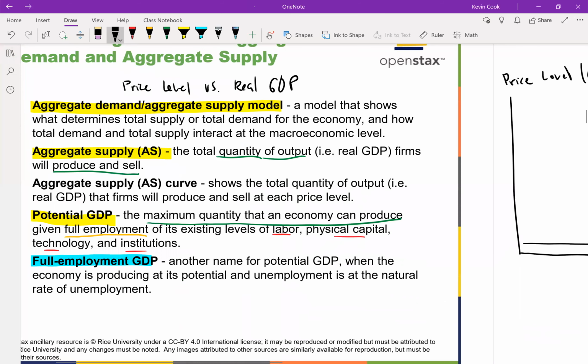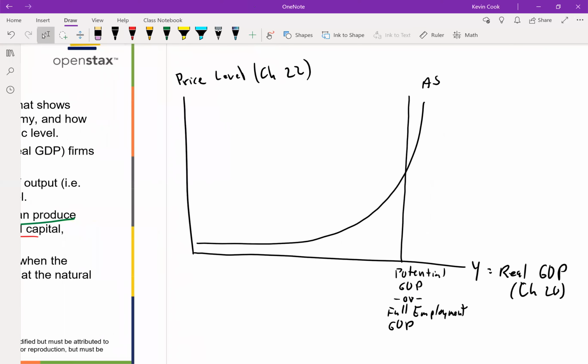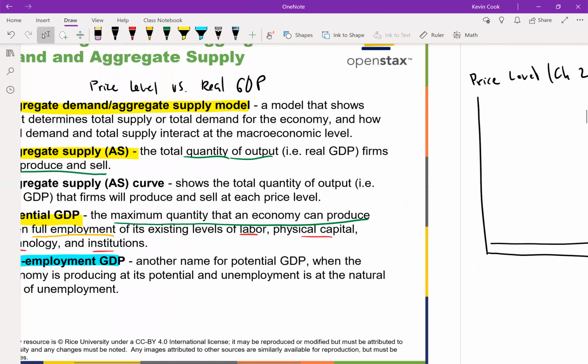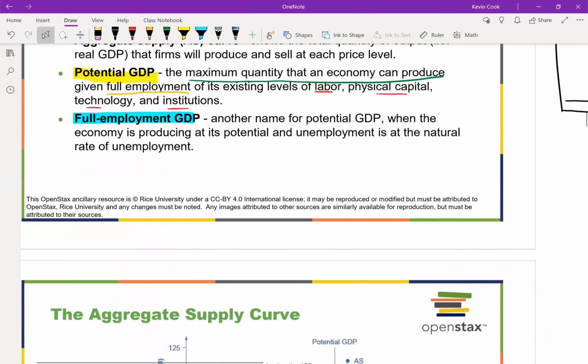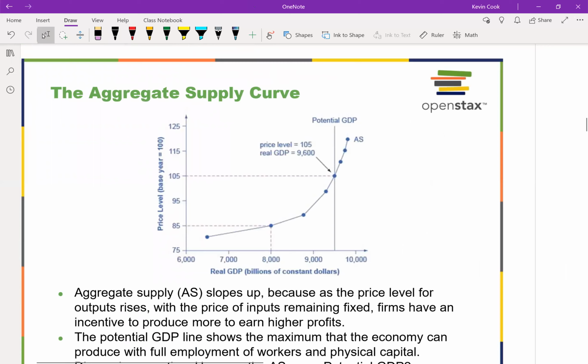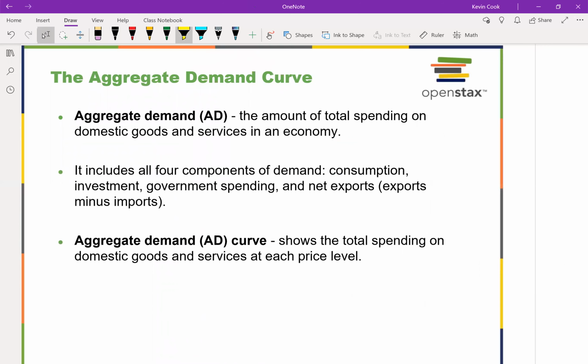So we have the start of our model, but at this point we're still missing our aggregate demand. We want to introduce that and see what it looks like. The other side of this is aggregate demand. This looks at how much spending we have on domestic goods and services in our economy.